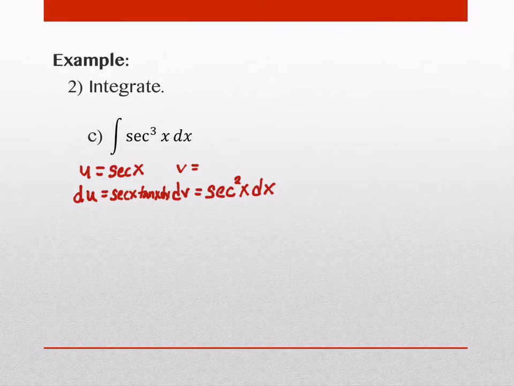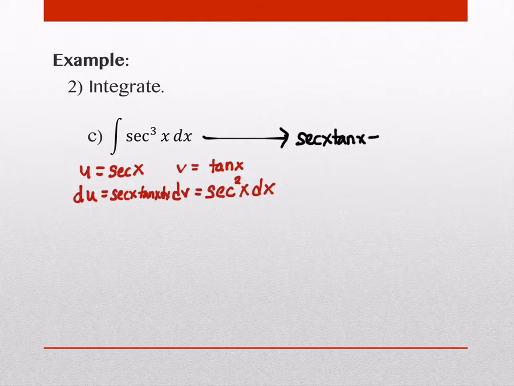And what would v be? Tangent of x. All right, so this is u times v, which would be secant tangent, minus v du. So v du is going to have a secant and a tangent squared, right? So tangent squared of x, secant of x, dx.